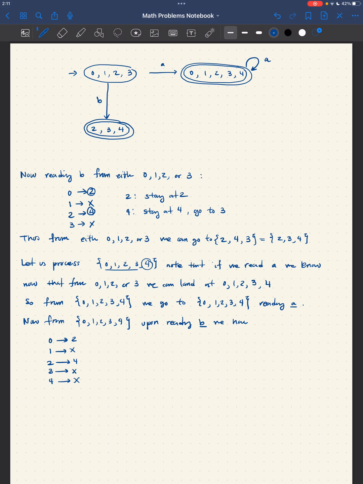So that means that among the things that we can do, we can land at 2 and we can land at 4 by reading a B. Now let's take care of the things that we can do by reading nothing from those states. From 2, we can stay at 2. And from 4, we can stay at 4, or we can jump to 3.